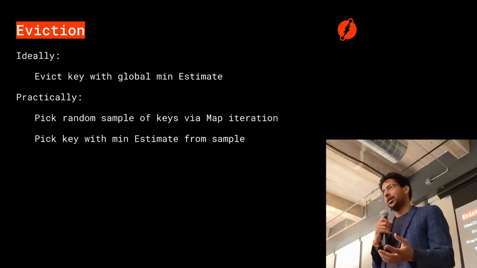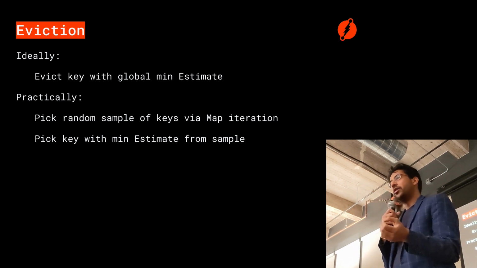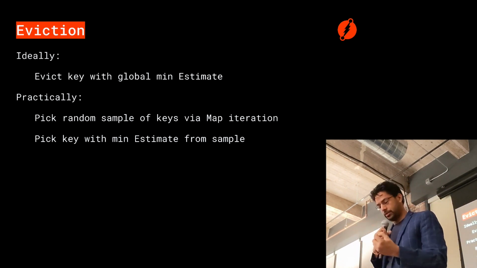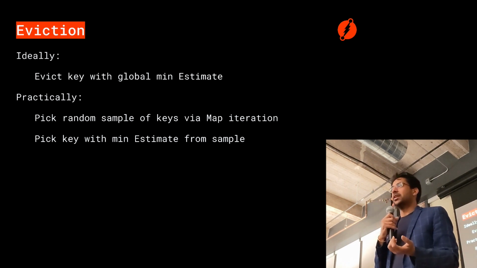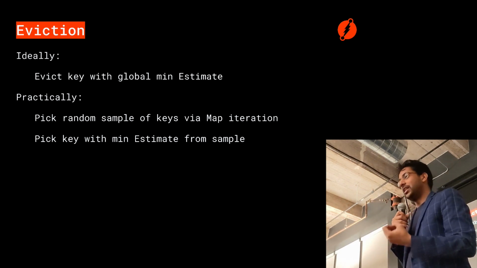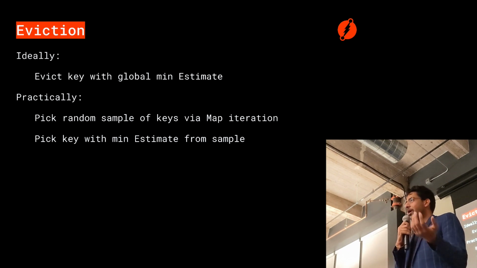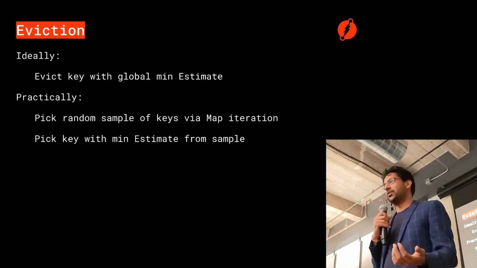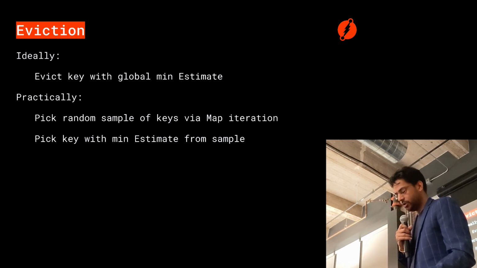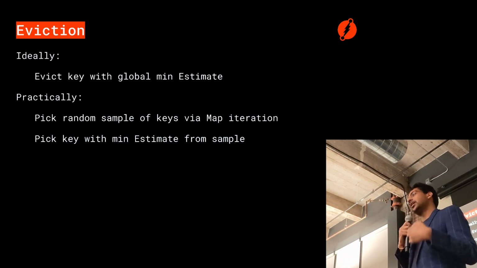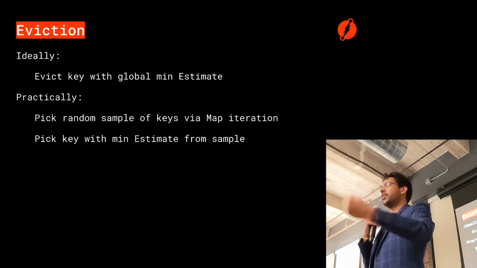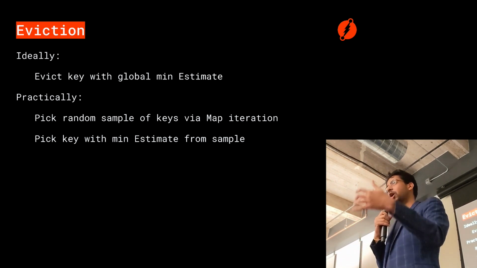But maintaining a priority list of all the keys with constantly changing estimates is pretty expensive. So instead, Go maps come with a pseudo random access to the keys. So we iterate over the Go map and we get 5 keys from there. Then we find the key with a minimum estimate out of these 5.